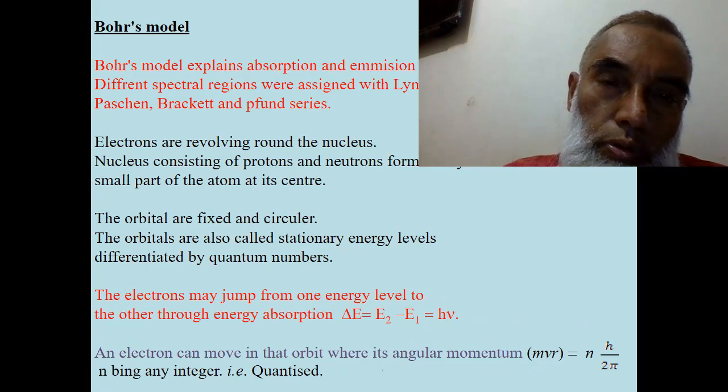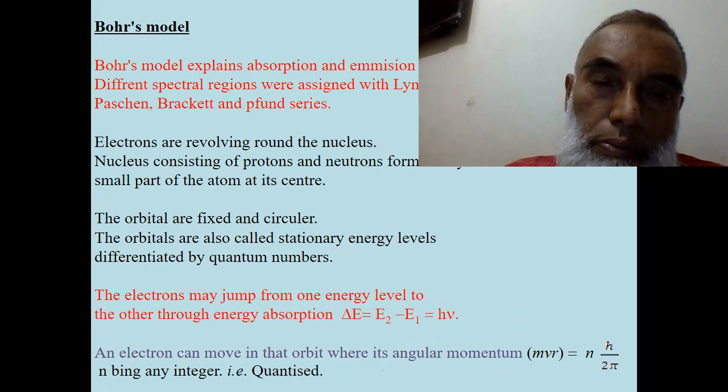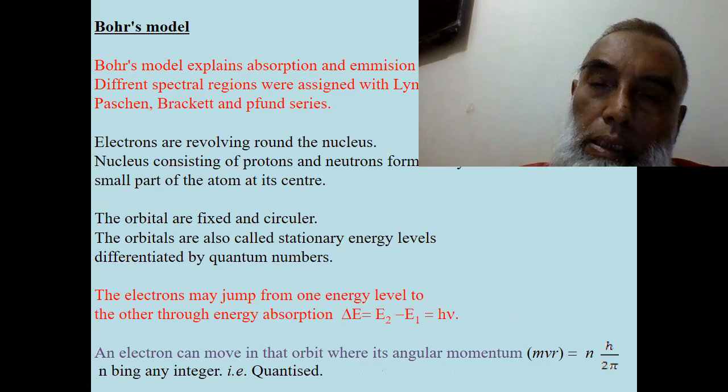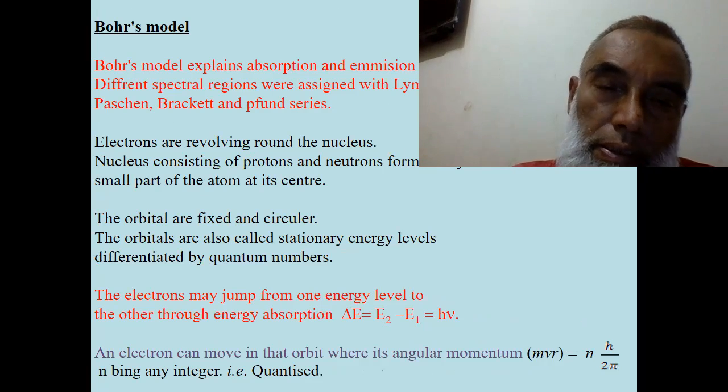Bohr's model explains absorption and emission spectra. Different spectral regions were assigned the Lyman, Balmer, Paschen, Brackett, and Pfund series. Electrons are revolving around the nucleus.